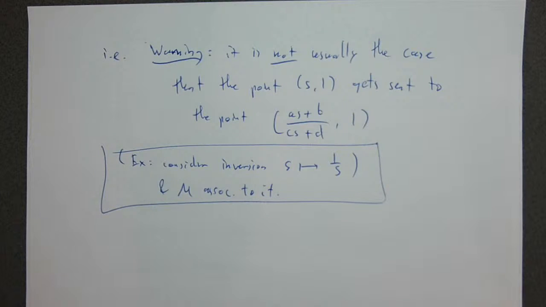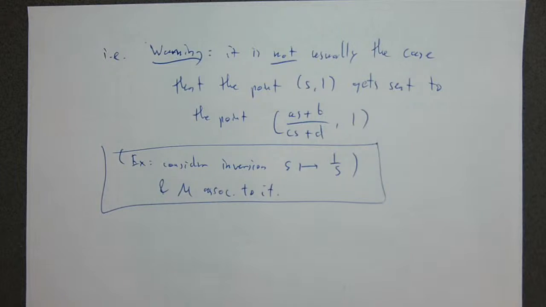What does happen is that the entire lines represented by the labels 0 and infinity get mapped back and forth to one another.